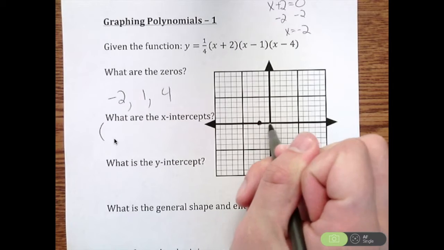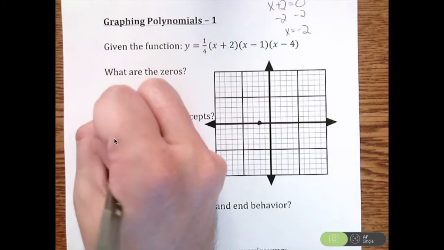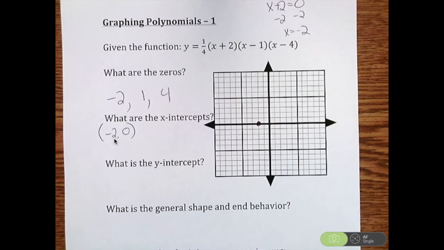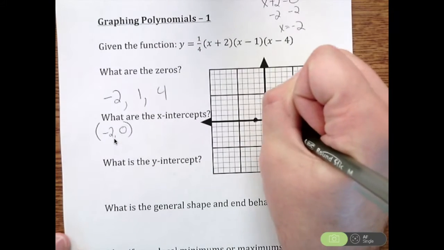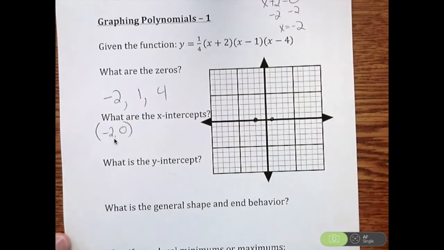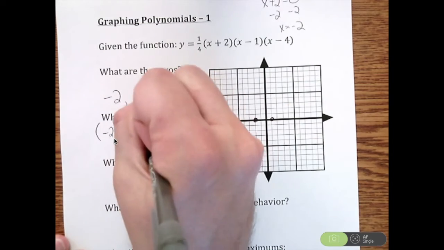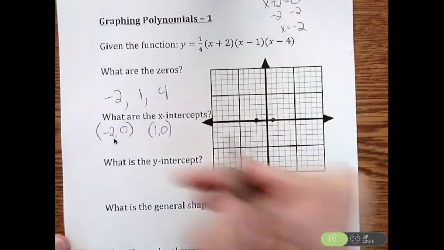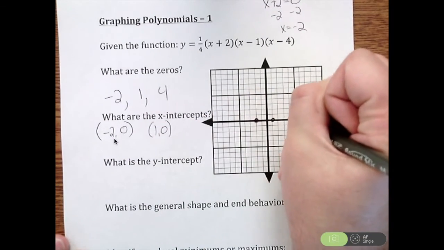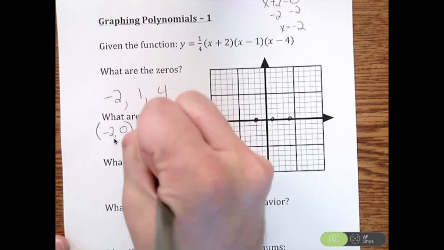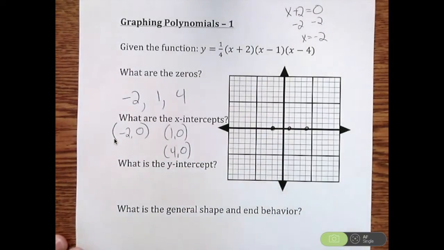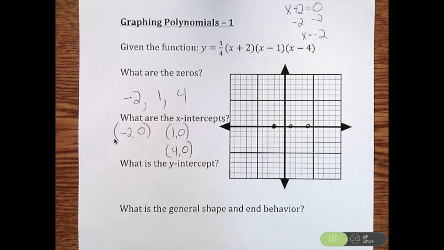So that is negative 2 for x. My y value is going to be 0. For 1, I can put that 0 on my graph. That is going to be the coordinate 1, 0. And 4 is all the way down here. The coordinates of that x-intercept are going to be 4, 0. So I have 3 x-intercepts there.